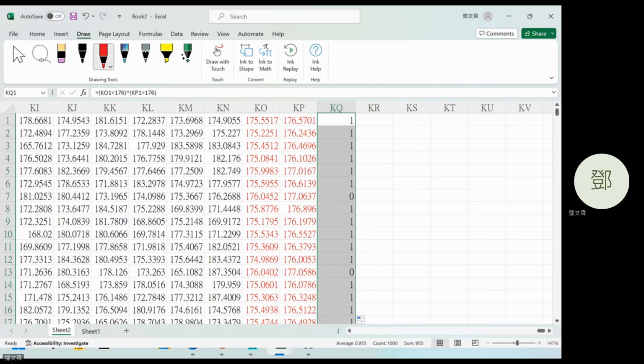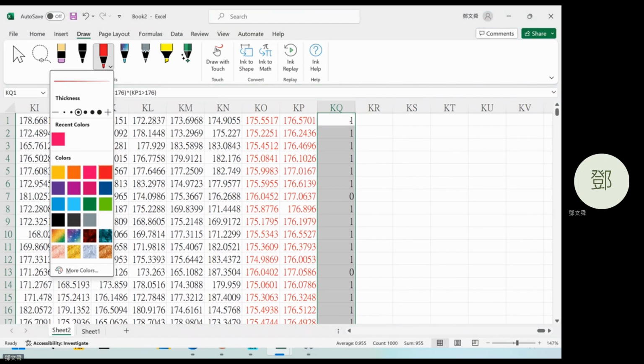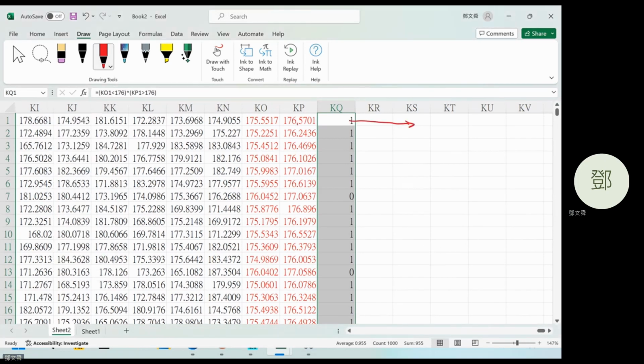This implies that the first interval covers 176, which is the value of mu.